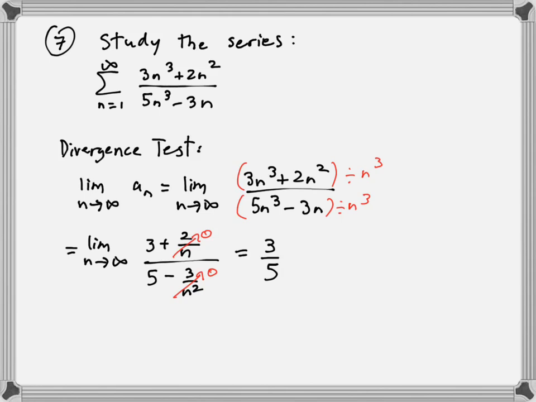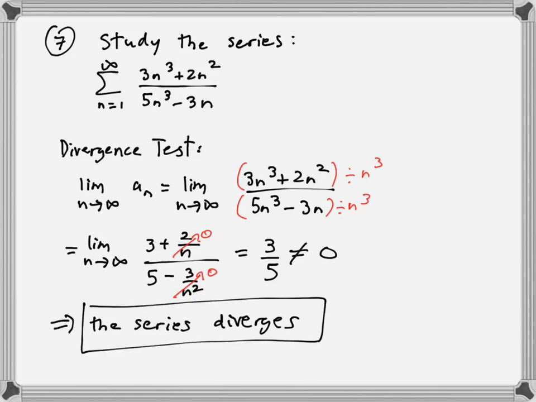Well, the divergence test says that if that limit is not 0, what happens? This implies that the series diverges. Okay, so we used the divergence test. So I should say by the divergence test. Okay, everything that we do in this chapter needs to be justified. We have to cite what test we're using.